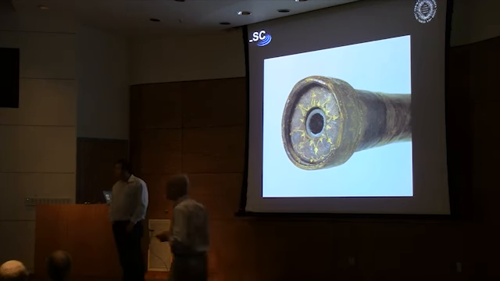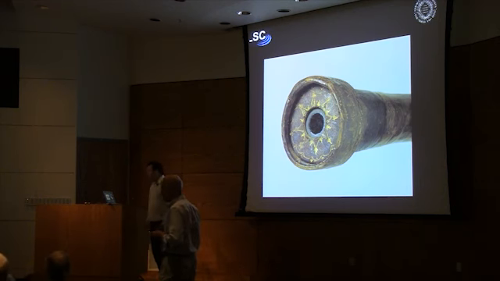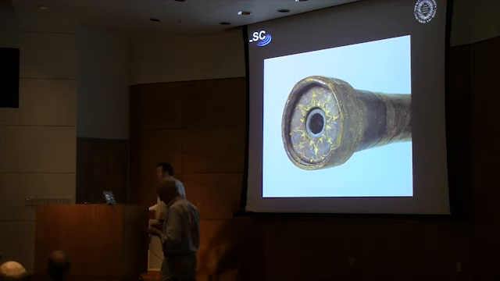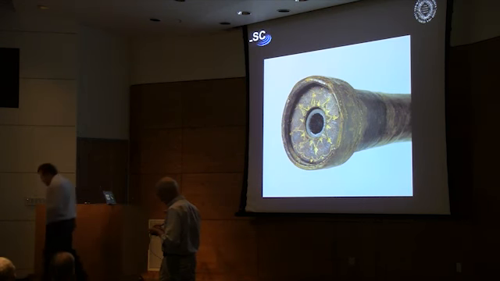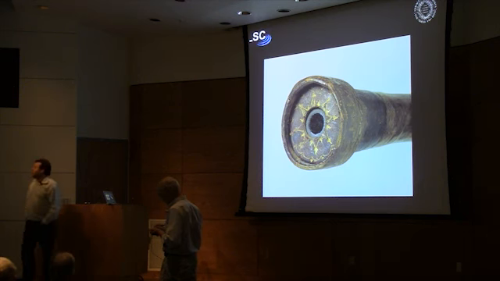Great. Two quick questions, if I may. Those stochastic sources from the Big Bang that you mentioned, what would the source distribution in the sky look like? At first order it would be an isotropic distribution.